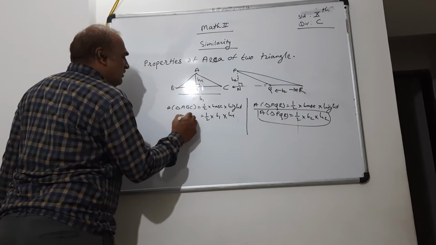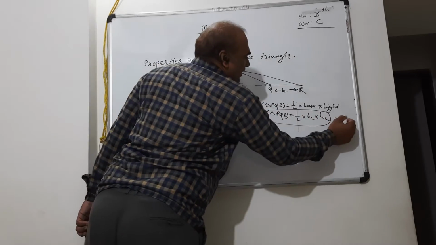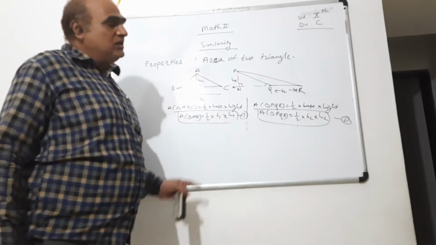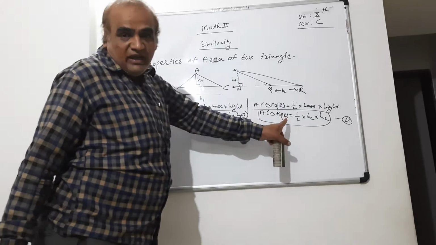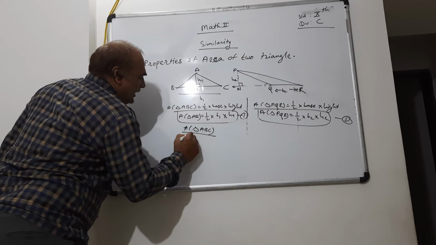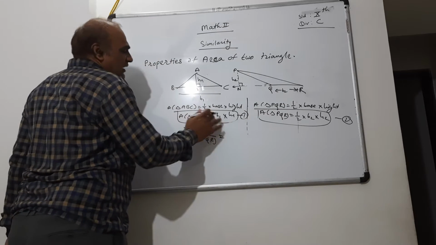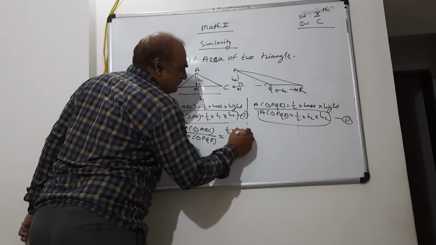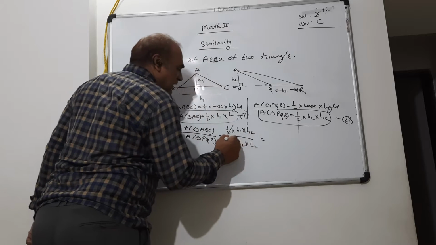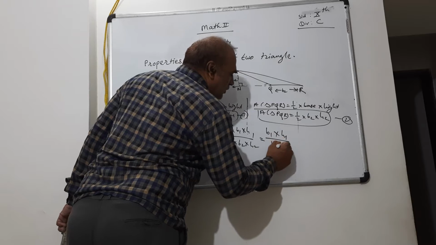Suppose this is equation number 1 and the area of triangle PQR is equation number 2. Taking the ratio, if we divide equation 1 by equation 2, area of triangle ABC upon area of triangle PQR is, on the right side, half into B1 into H1 upon half into B2 into H2. The half gets cancelled. We got the ratio B1 into H1 upon B2 into H2.